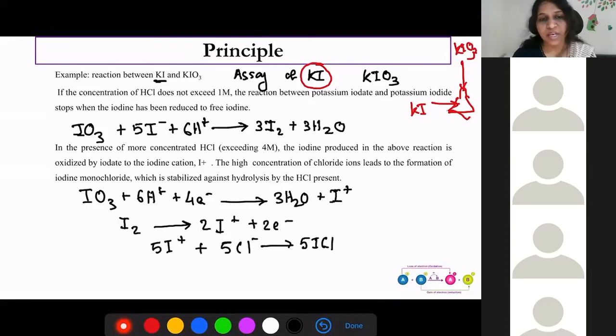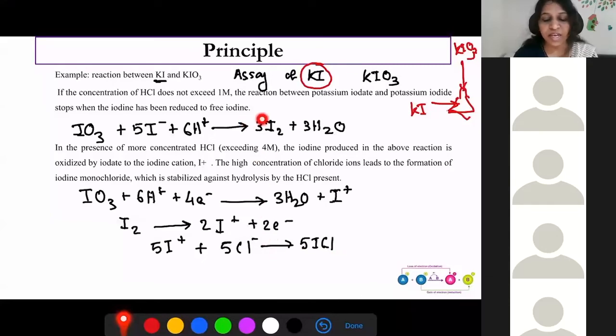Because this is a redox reaction, you know there has to be an electron donor. So this iodine is going to give an electron and this is going to be accepted by the iodate ion. So this has to proceed like this, and then finally there will be a formation of ICl. So this is a complete reaction.